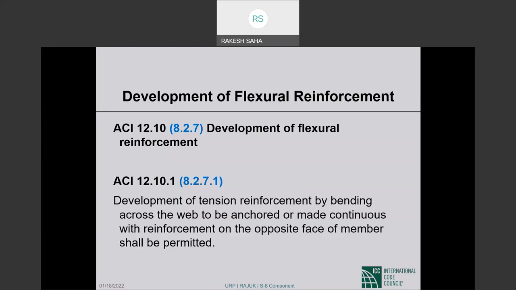Yeah, okay. So development of flexural reinforcement, as you see: development of tension reinforcement by bending across the web to be anchored or made continuous with reinforcement on the opposite face of the member shall be permitted.